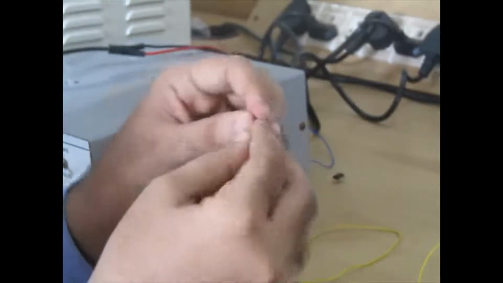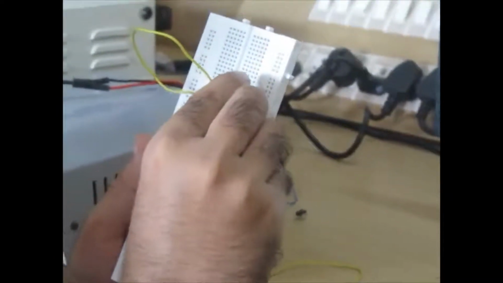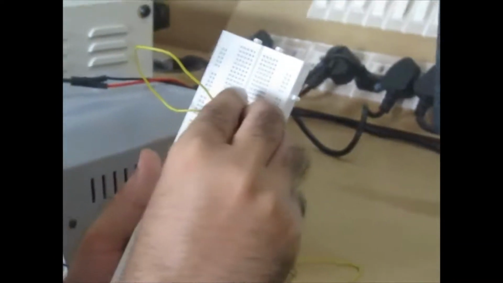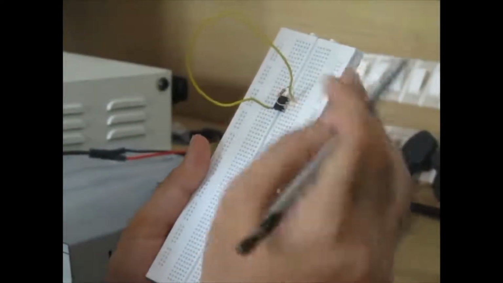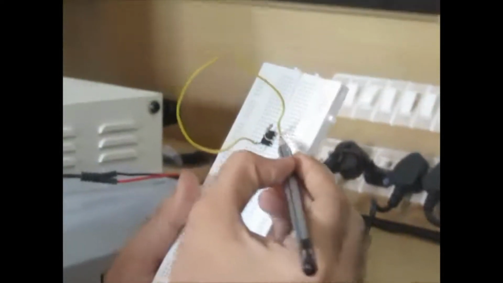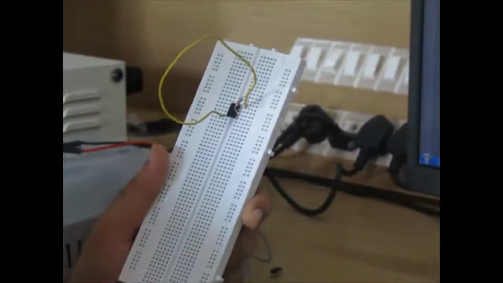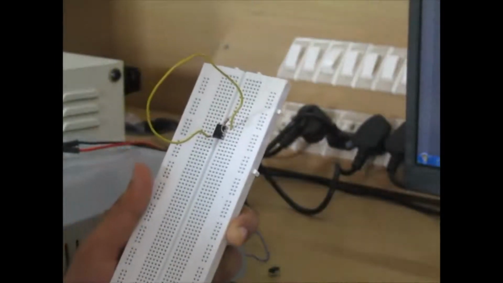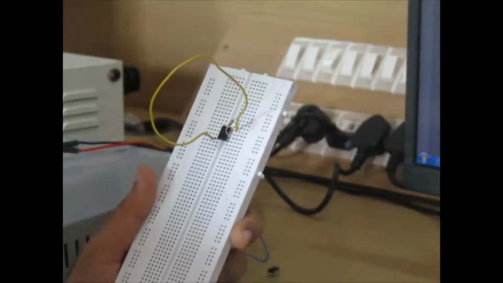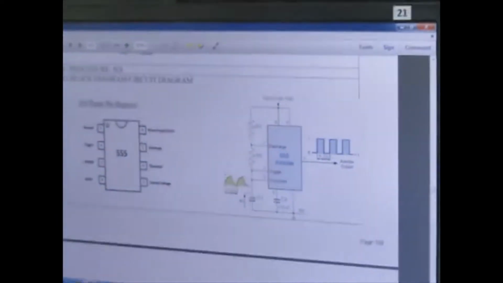Fine. So you can see that this is from pin number 8 to pin number 7, and it will be connected there. Next one, from pin number 7 you can go to either pin number 2 or pin number 6. I found that pin number 7 and 6 are nearby each other.